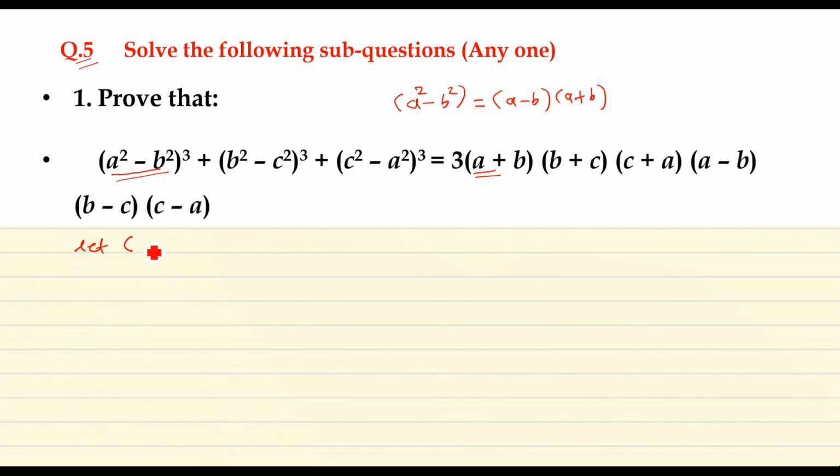Let a square minus b square be equal to x, then I will assume b square minus c square is equal to y, and c square minus a square is equal to z. So let's assume a square minus b square equals x, b square minus c square equals y, c square minus a square equals z.